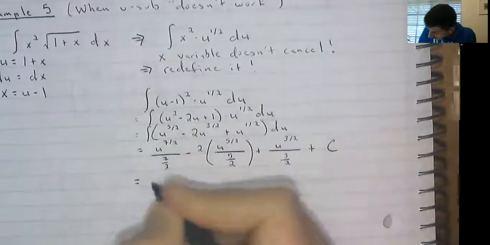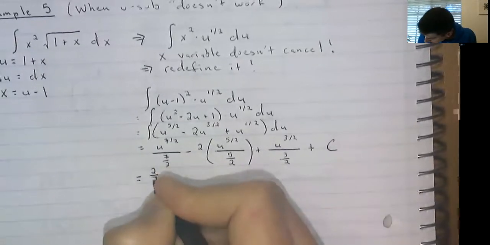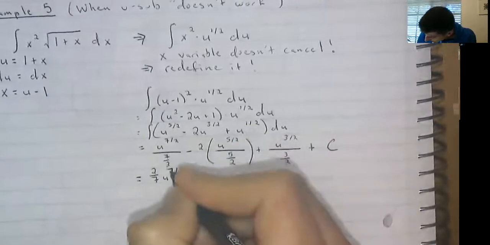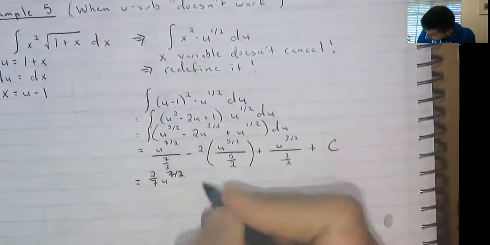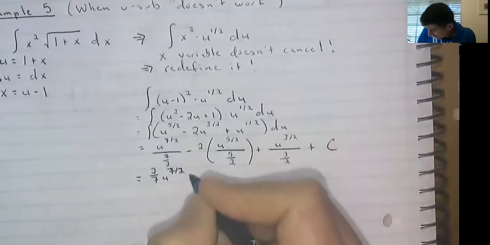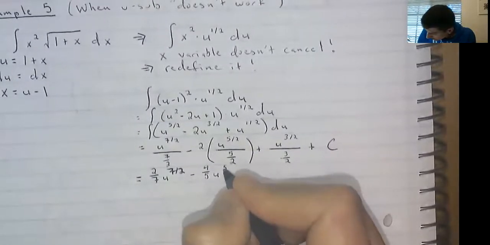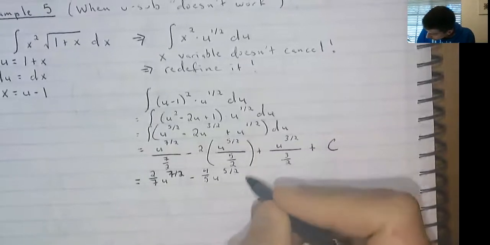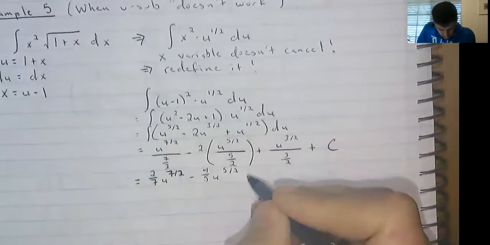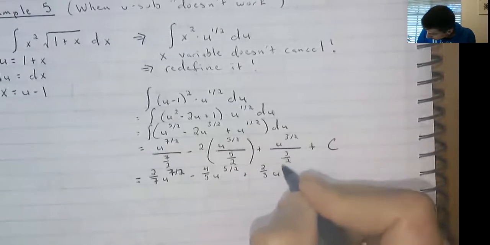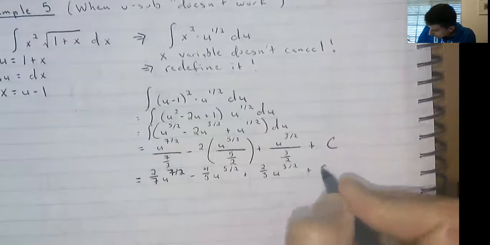Oh, and then I almost forgot, plus c. Making this look pretty, we get 2/7 u to the 7/2, minus 4/5 u to the 5/2, plus 2/3 u to the 3/2 plus c.